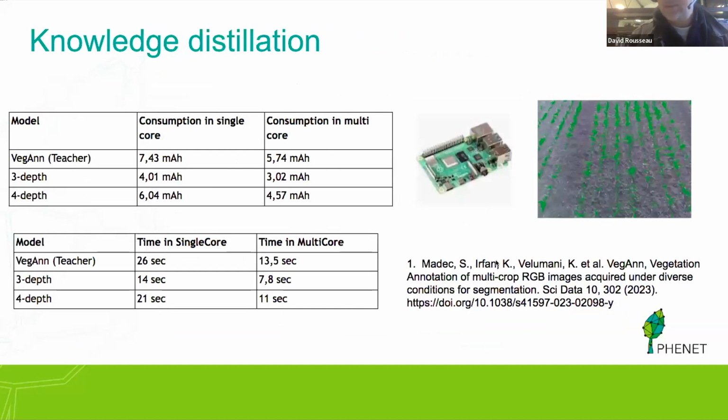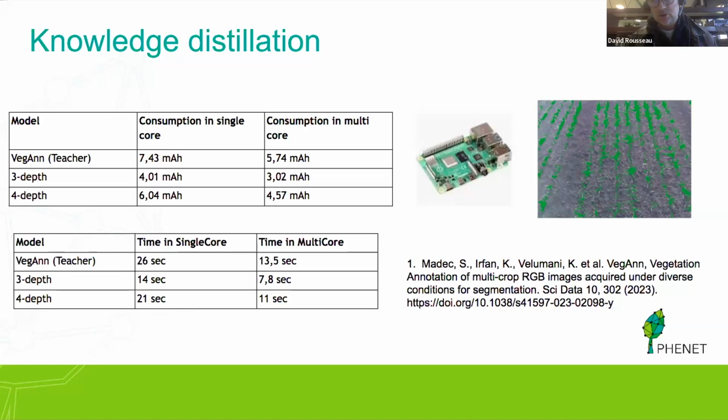So we have been investigating, if I want to dig a little bit more, how to even reduce the consumption of energy and the time of process by going to what is called knowledge distillation.